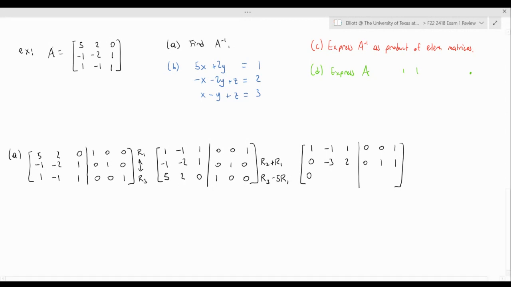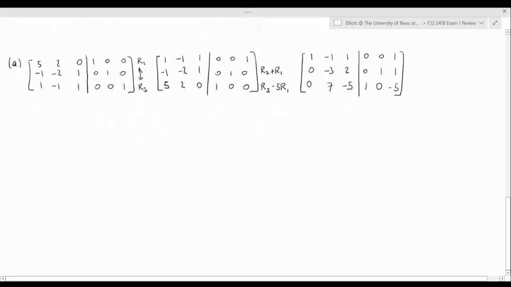So that's going to be 2 plus 5 is 7. 0 minus 5 is negative 5. 1 minus 0 is 1. This will be 0, and this will be negative 5. Okay?